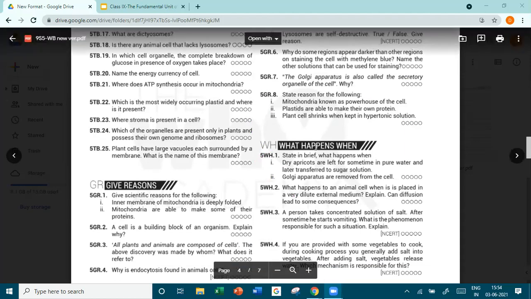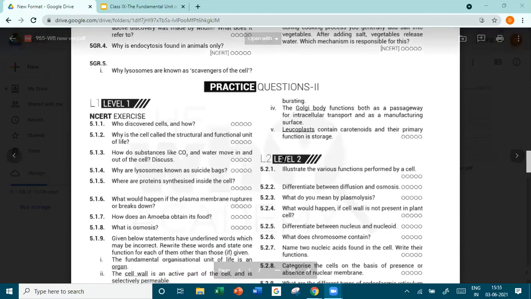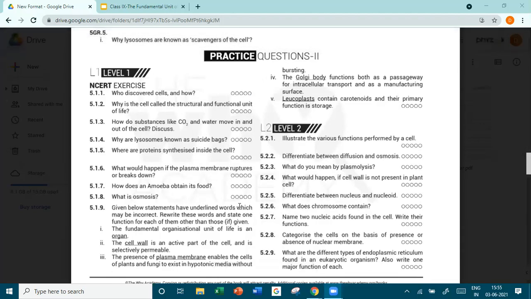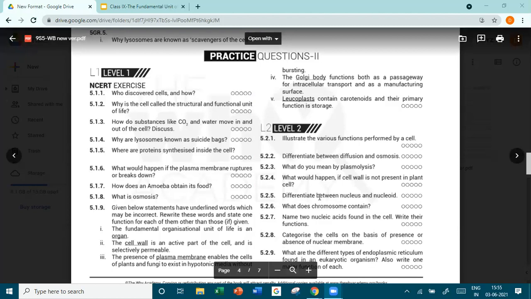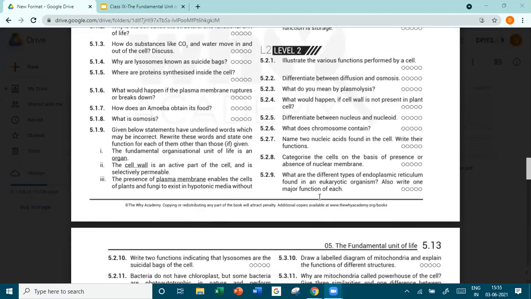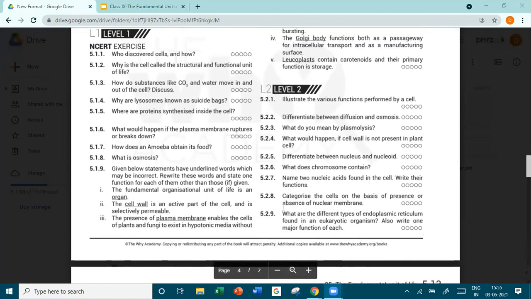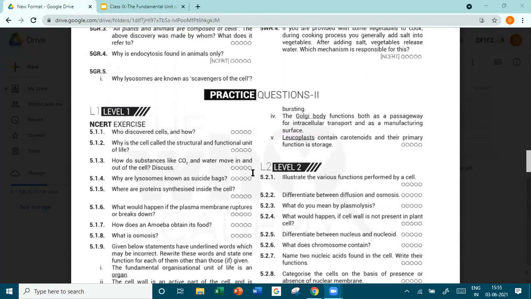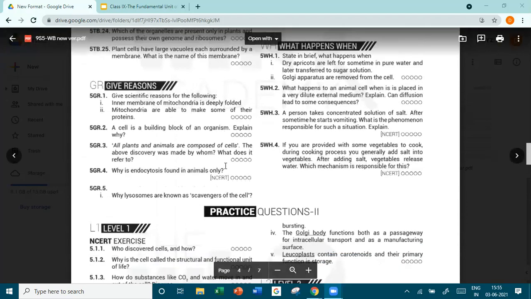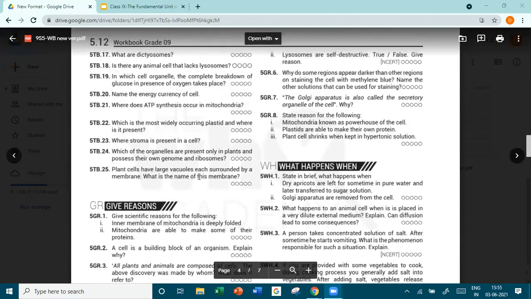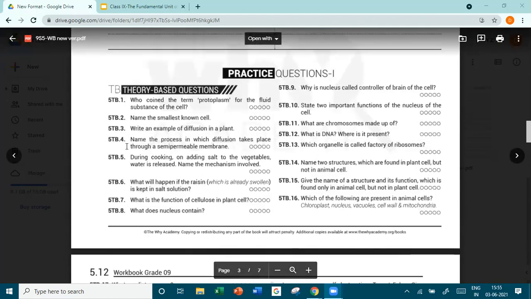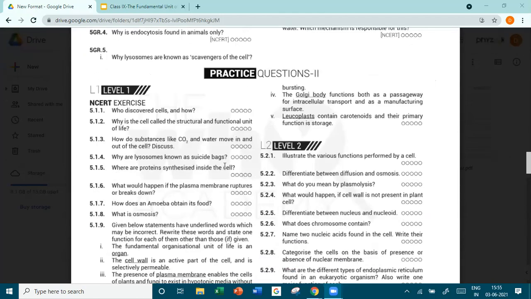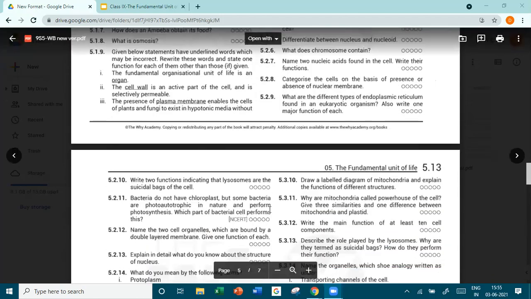Anytime. Okay. And in the workbook itself, there are ample questions on osmosis, right? What I can do is, I'll do that. After class, I'll send you a list of questions from theory based, give reason, what happens when, level 1 and level 2.